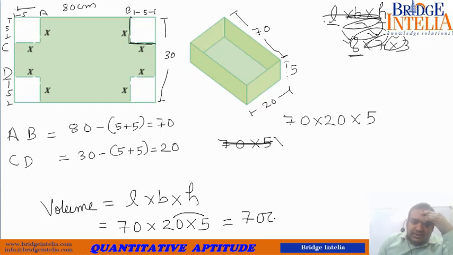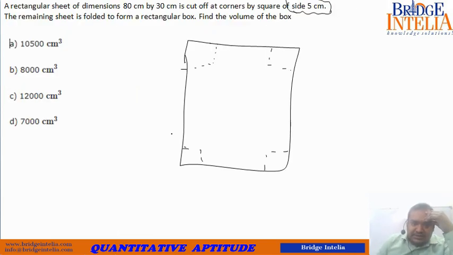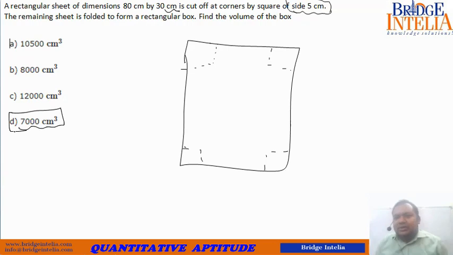So 7,000. In our case, unit is centimeter. So 7,000 centimeter cubes. Okay, fine. So this was all about the volume and surface area of solid figures such as cube and cuboid.